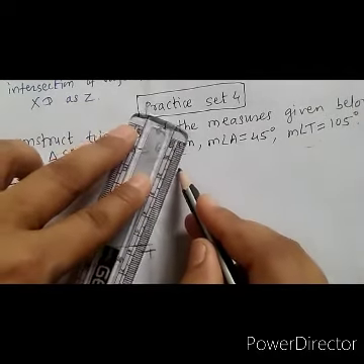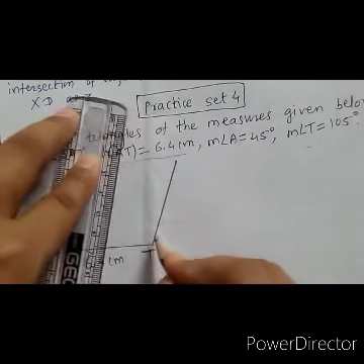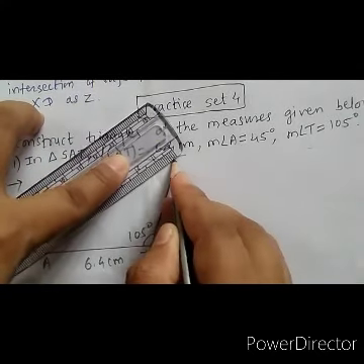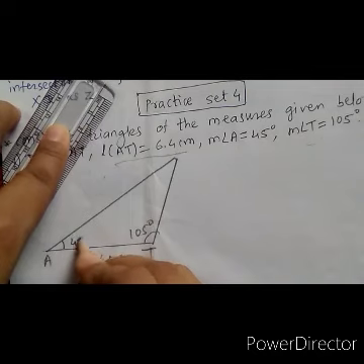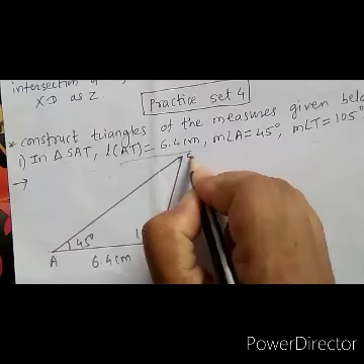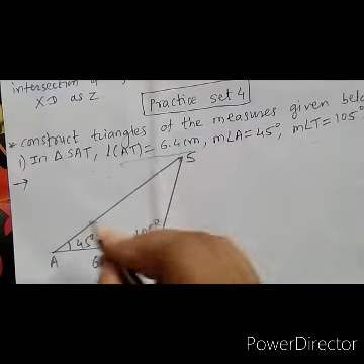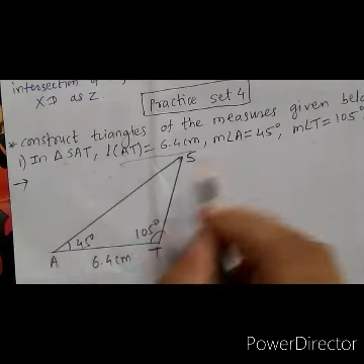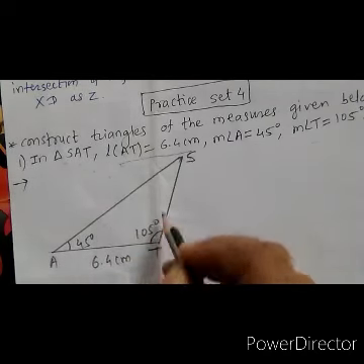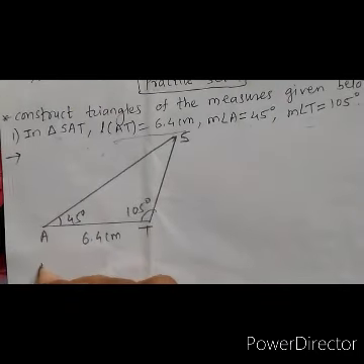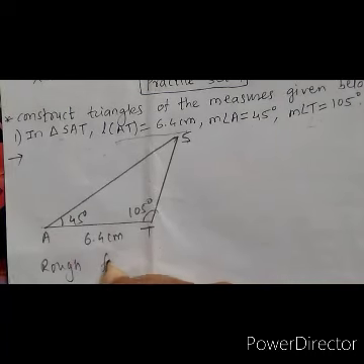And T is 105 degrees, that is an obtuse angle, greater than 90 degrees. For this point we can give the name point S. Therefore we get triangle SAT. Angle A 45, angle T 105 degrees, and length of AT is equal to 6.4 centimeter. This is the rough figure, and by using this rough figure we can draw the required figure.